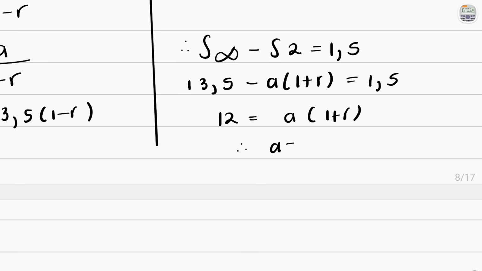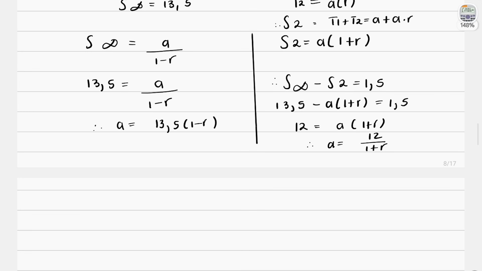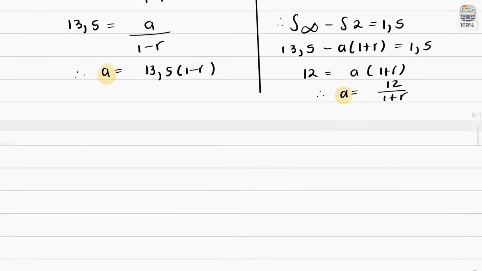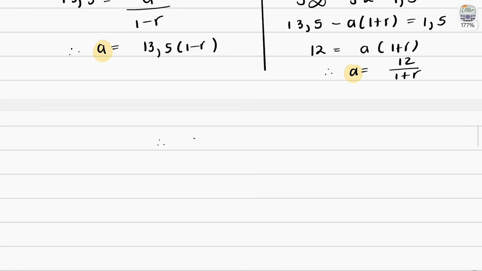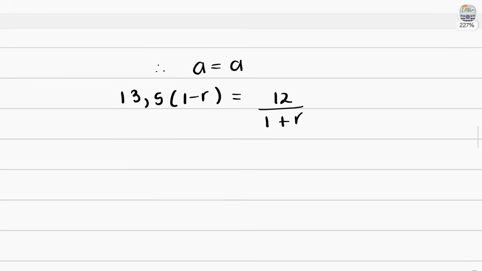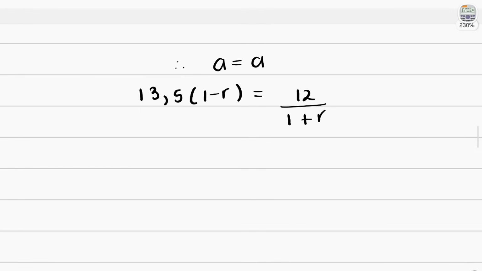So that is a equals 12 over 1 plus r. Okay, so now that a is the subject of both equations, we can just equate them. So a is equal to a, and we have 13.5 multiplied by 1 minus r is equal to 12 over 1 plus r. Okay, so now we can solve for r.